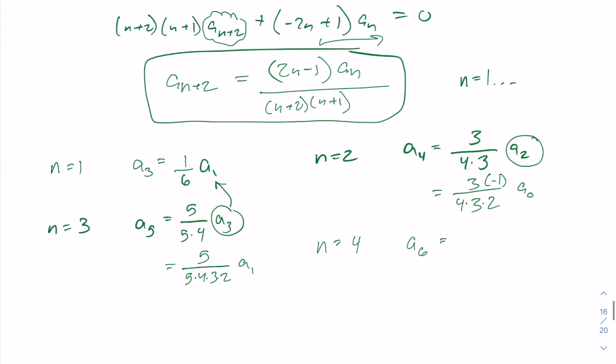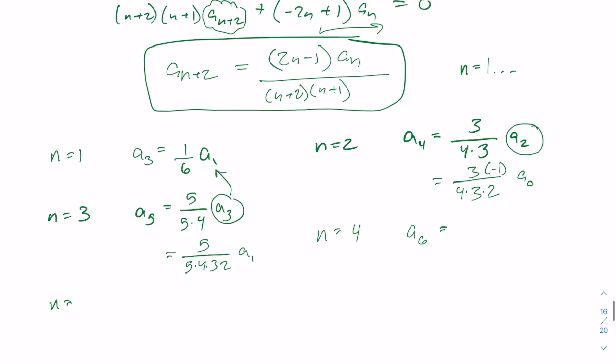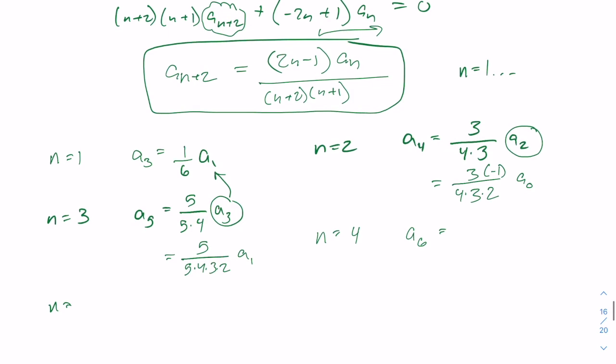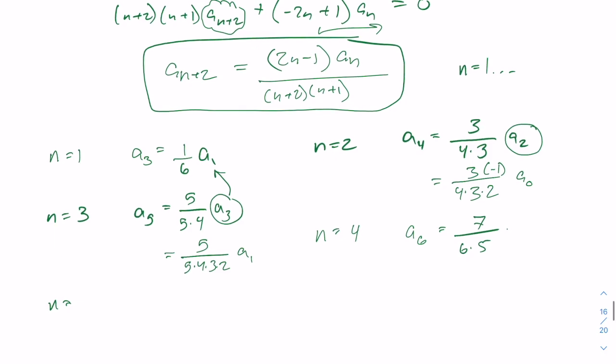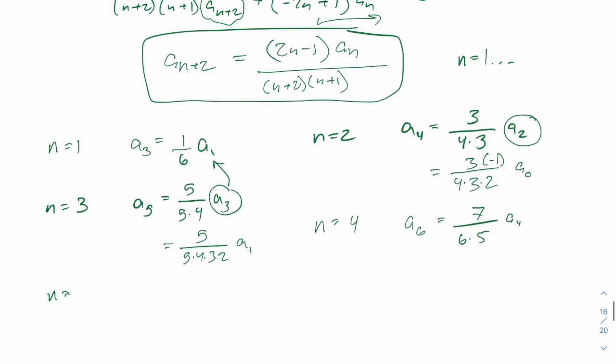Okay, then n equals 4, I didn't do 4 yet. This is going to be 1, 3, 5, it's going to be 7. Right, 2 times 4 is 8 minus 1 is 7. 7 over 6 times 5, which is going to give me a_4.